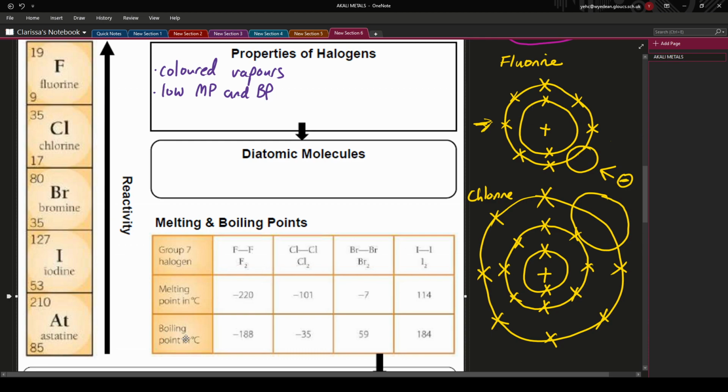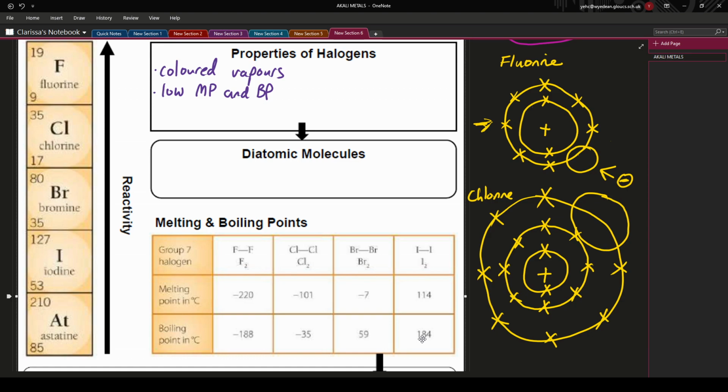Now, if we look at the bottom row, what number it's going to take for it to go from a liquid to a gas, my question to you is, which ones are going to be a gas at room temperature? There are two.